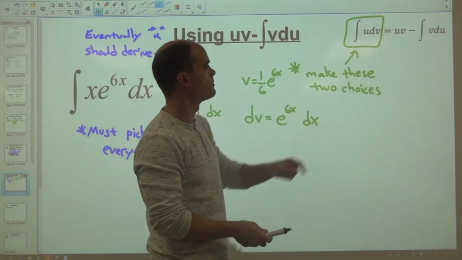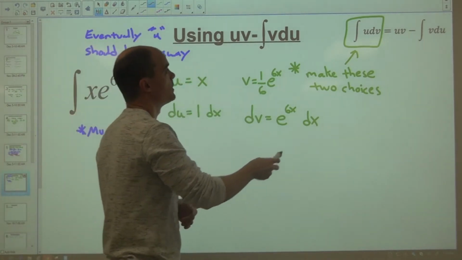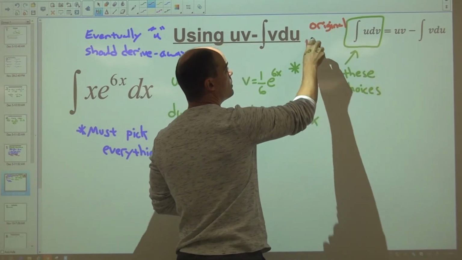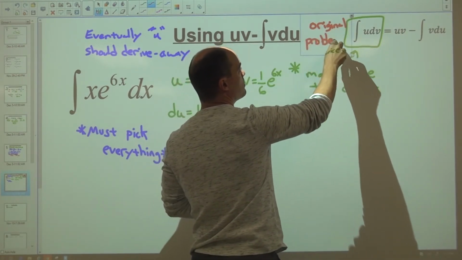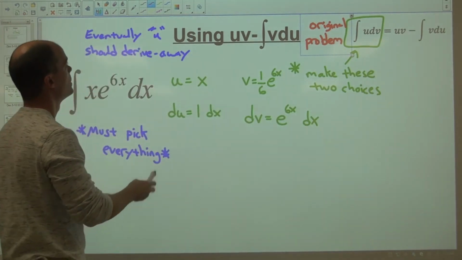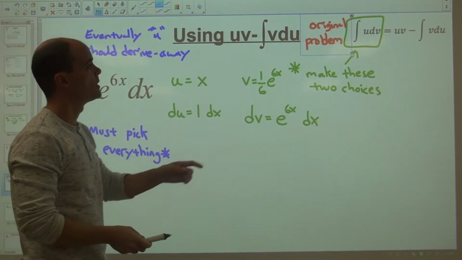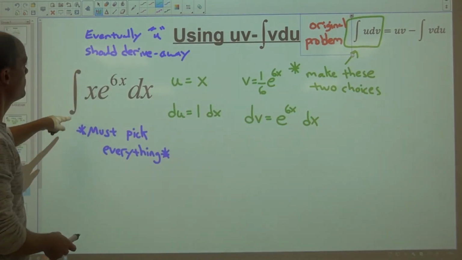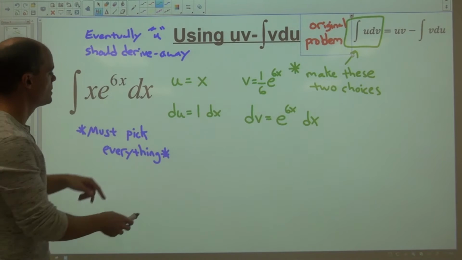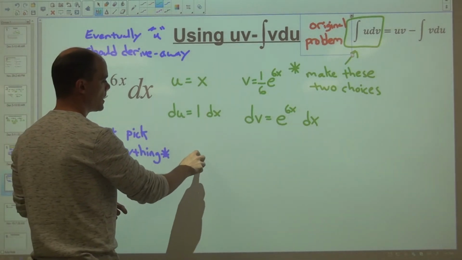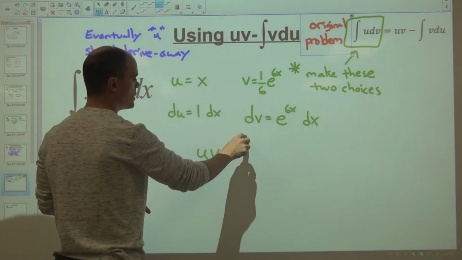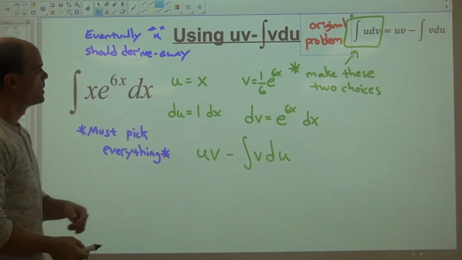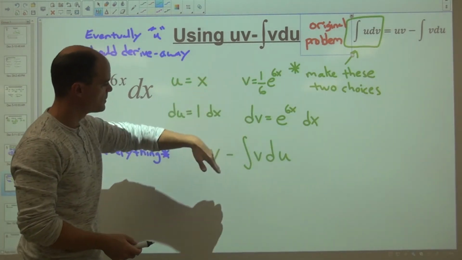If you guys remember, we made these 2 choices, but this is the original problem. We are modeling the original problem after that. So our solution is all of this stuff. This is our solution. So the antiderivative of u dv equals, and now what I need is uv minus the antiderivative of v du. Once I've got these things in place, I just fill in the blanks.